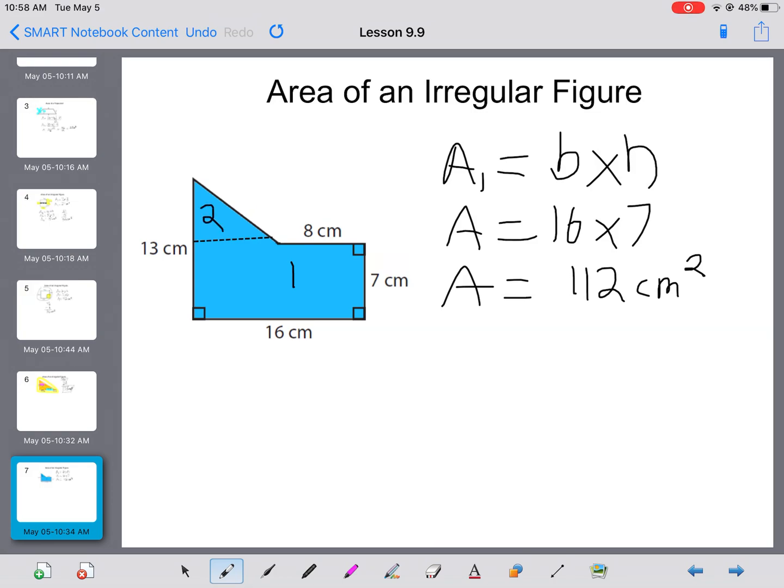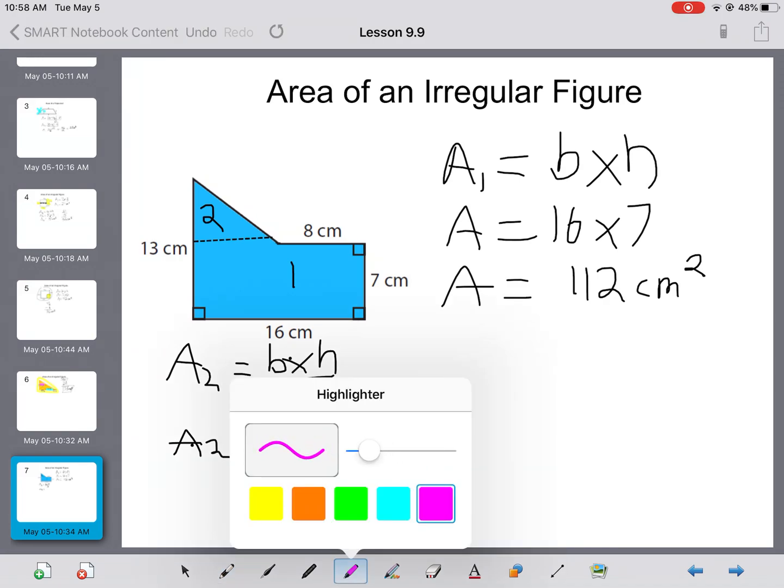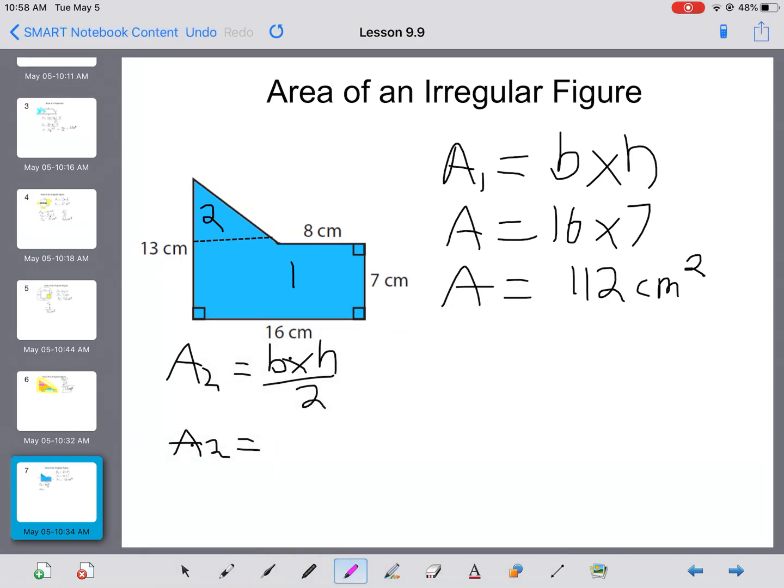Now I need to find the area of area 2, which remember is base times height divided by 2. So we need to ask ourselves the question, what is the base of this triangle? Well, if I look over here at my dotted line, the base is part of this rectangle. Now I know that the base of my rectangle is 16 centimeters.